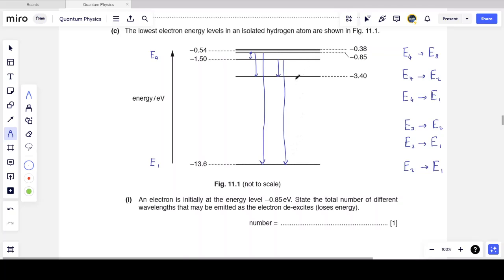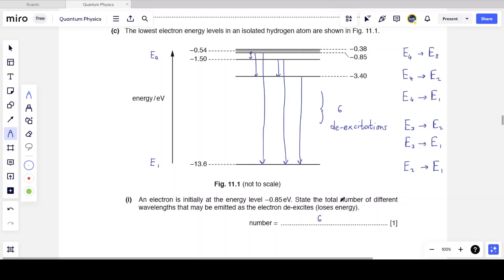And lastly, the last remaining jump is going straight from E2 to ground state energy E1. And so altogether, I see there are 6 de-excitations. The opposite of an excitation is a de-excitation. And so the number of wavelengths that may be emitted as the electron de-excites is 6.